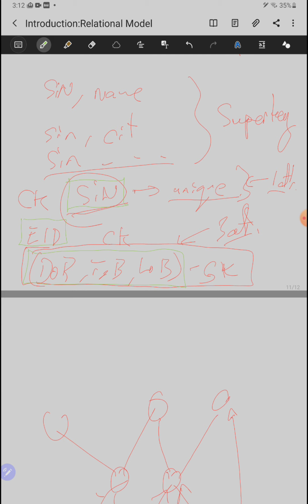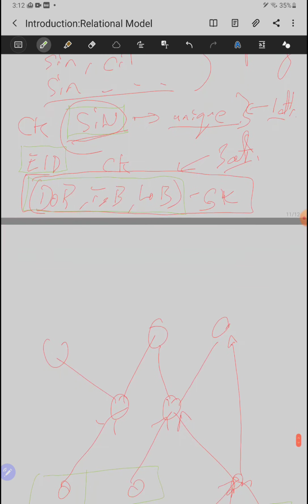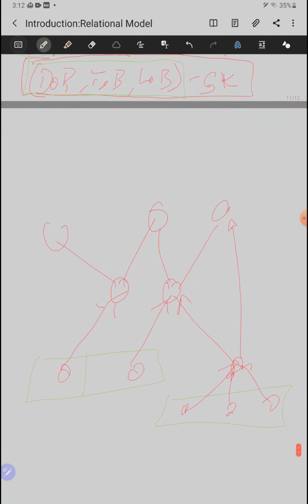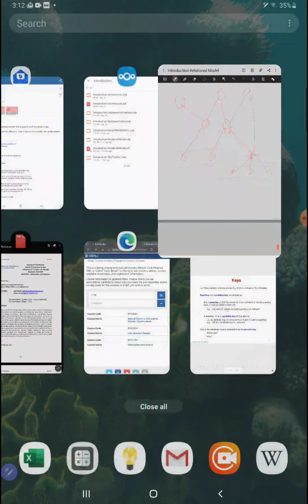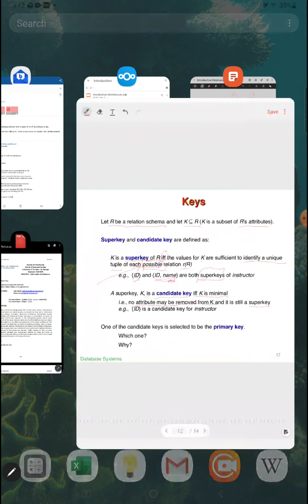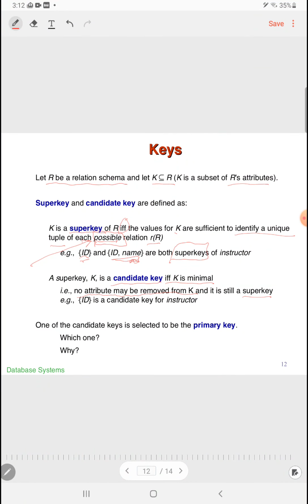It is a candidate key because you cannot remove any of the attributes from it and still uniquely identify the tuples.